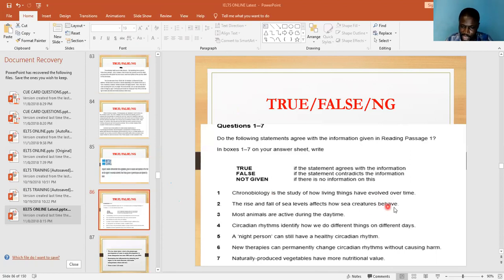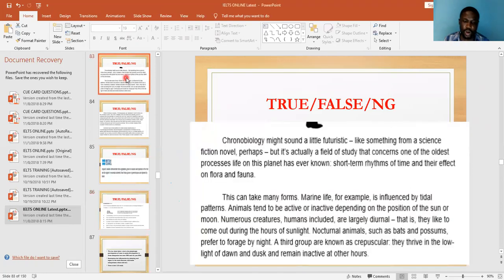The second question: the rise and fall of sea level affect how sea creatures behave. That's the question. So you will now check the paragraph. Does it exist just like this, or does it exist at all? Okay, so the second paragraph.